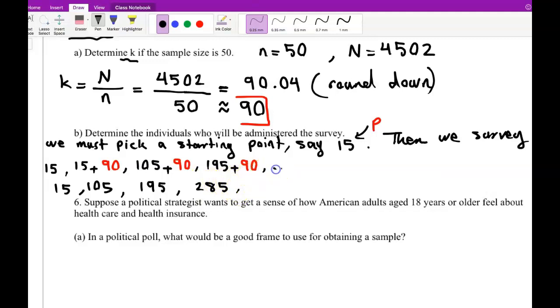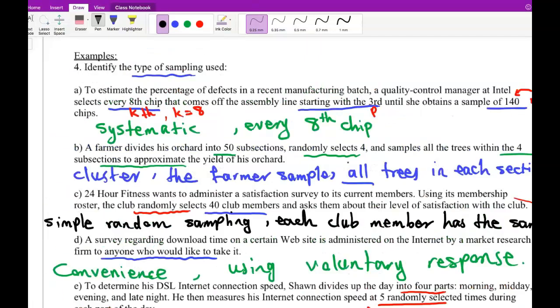So we continue like this, up to 15 plus n minus 1 times K. Okay, let me show you that one.